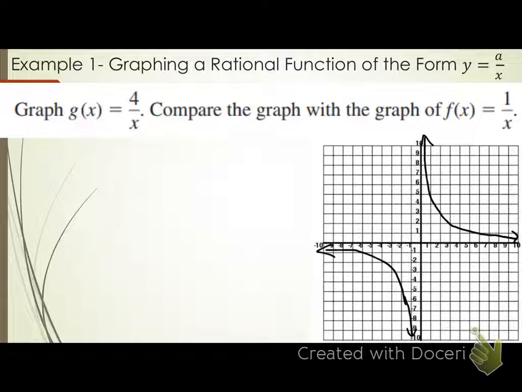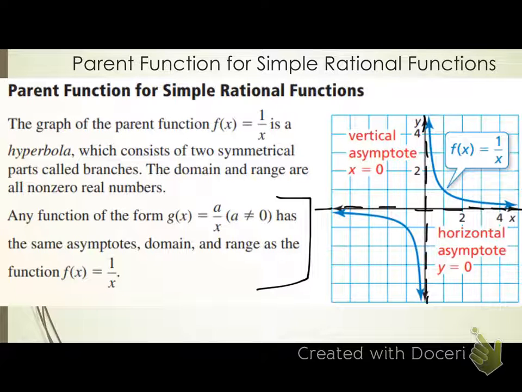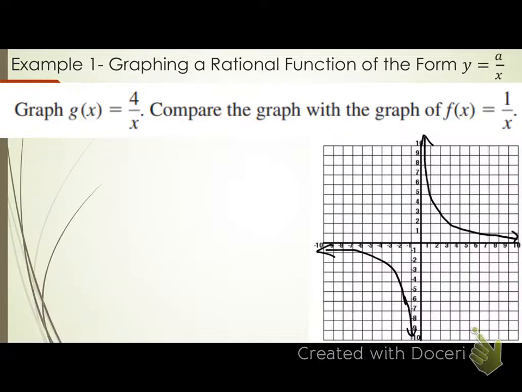How does this compare with the graph of y equals 1 over x? Well, what does that last paragraph tell me? It says that any function of the form g of x equals a over x. Is our function here of the form g of x equals a over x, where a does not equal 0?